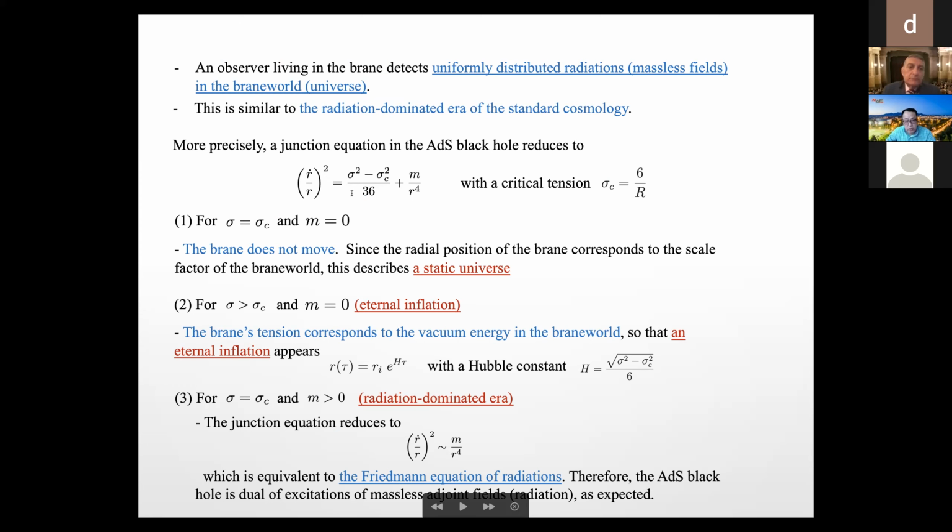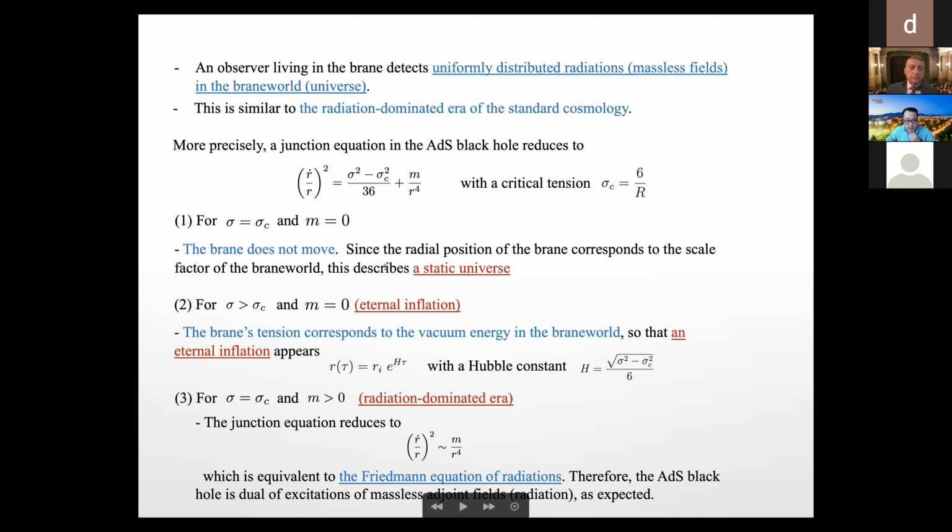Sigma is the tension of the brane. If the brane has the critical tension, then the right-hand side is 0. That implies that R dot is 0. Here R means the position of the brane. So if the tension has the critical value and there is no mass, then the brane does not move.